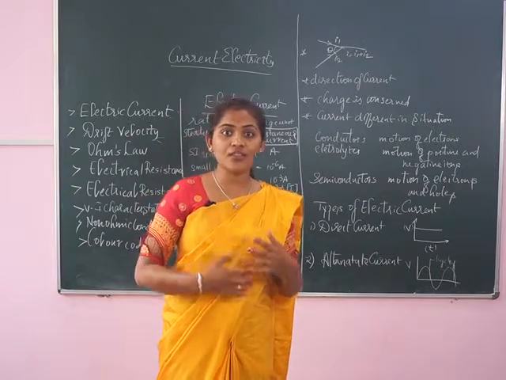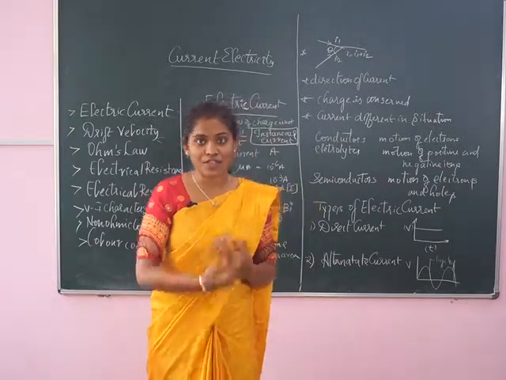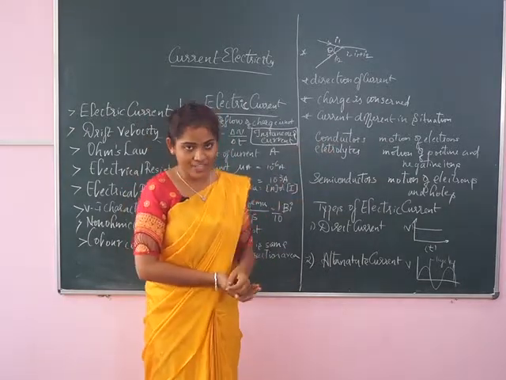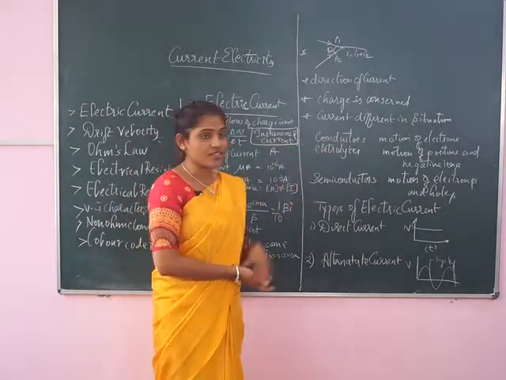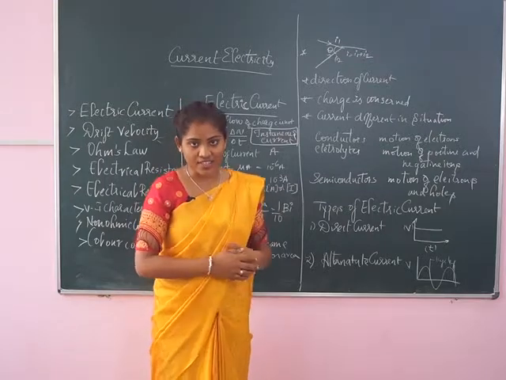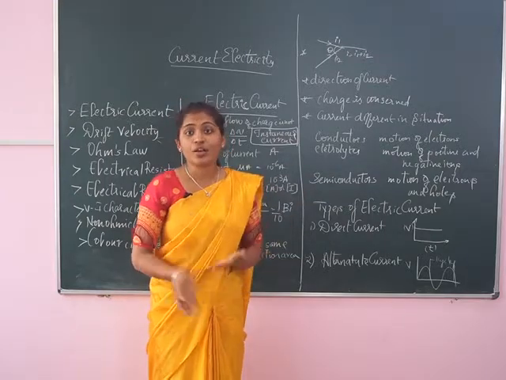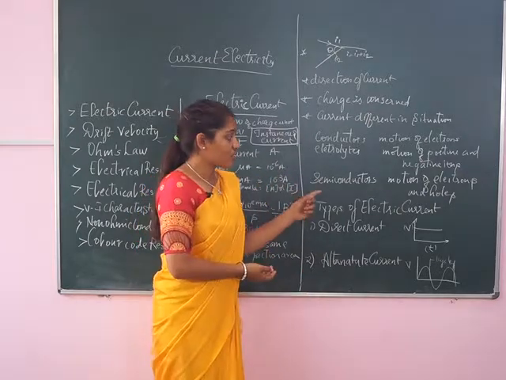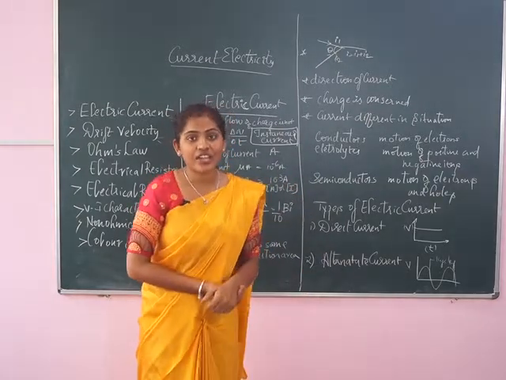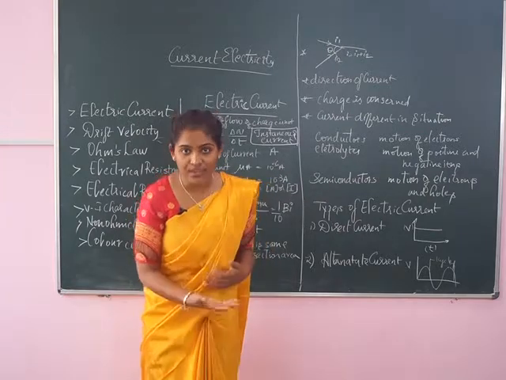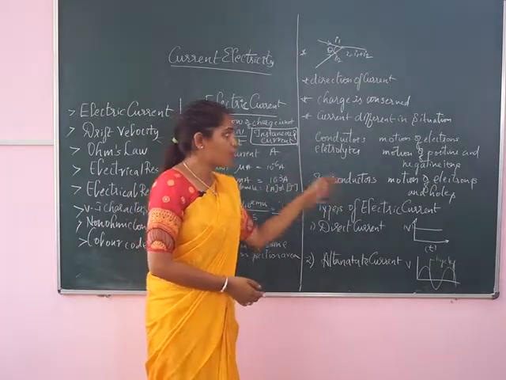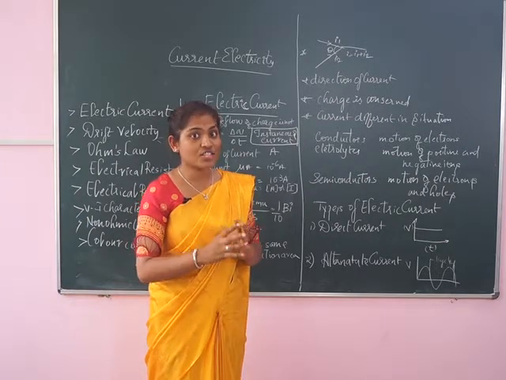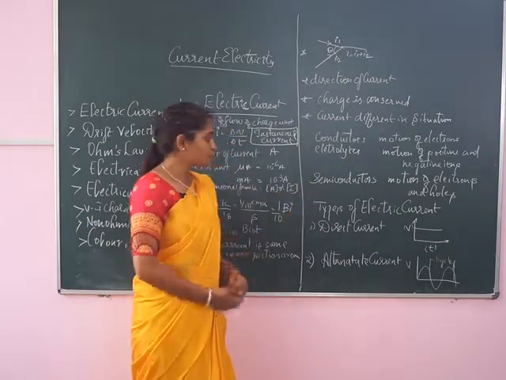So humans behave differently in different situations. Even current does the same thing. For conductors, the motion of electrons; for electrolytes, positive ions and negative ions; for semiconductors, electrons and holes. This is how the current changes in different situations.